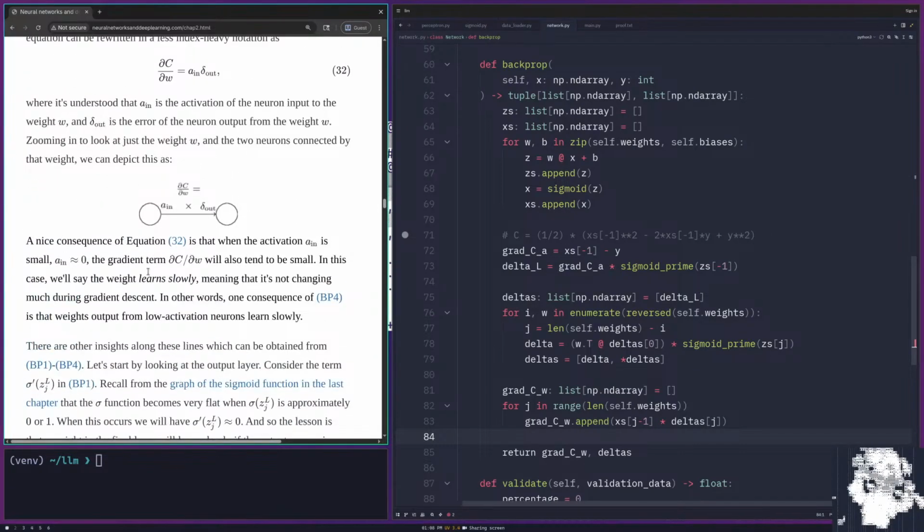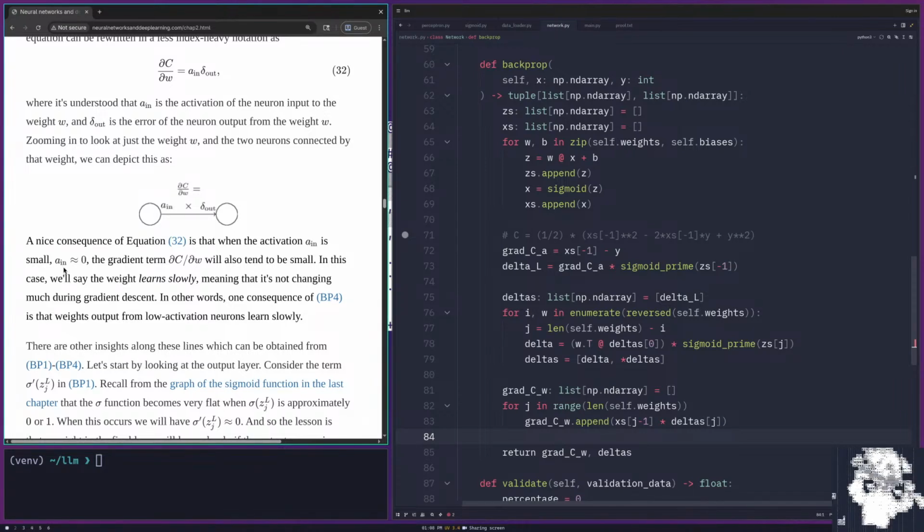A nice consequence of equation 32 is that when activation A in is small, approximately 0, the gradient term, derivative of C with respect to W, will also tend to be small. In this case, we'll say the weight learns slowly, meaning that it's not changing much during gradient descent. In other words, one consequence of BP4 is that weights output from low activation neurons learn slowly.